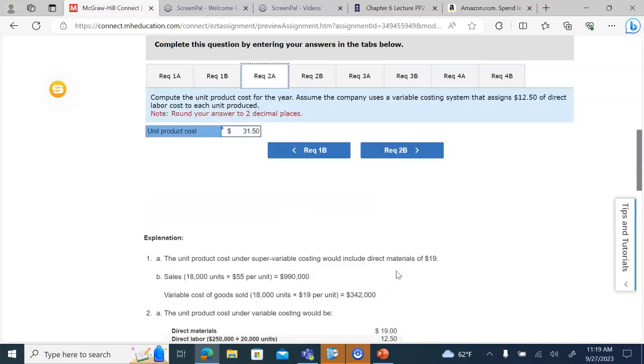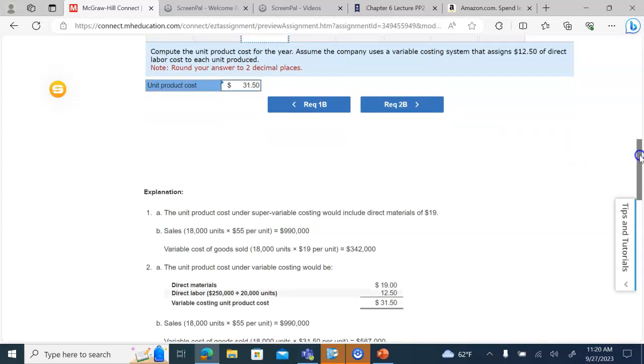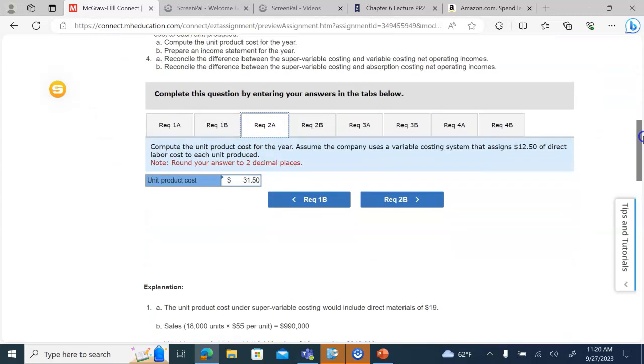Next, compute the unit product cost for the year, assume the company uses a variable costing system that assigns $12.50 of direct labor to each unit produced. So we've got our materials up here of 19.